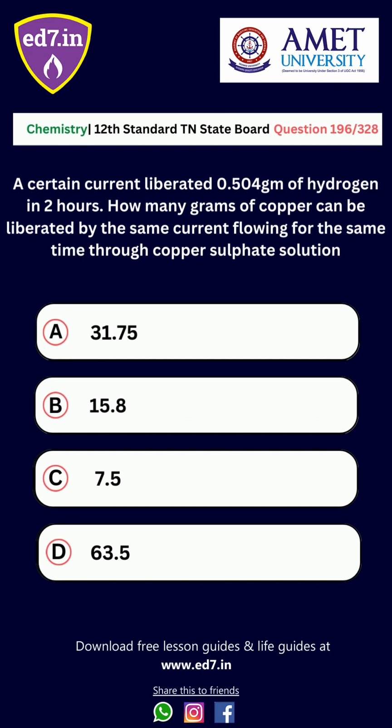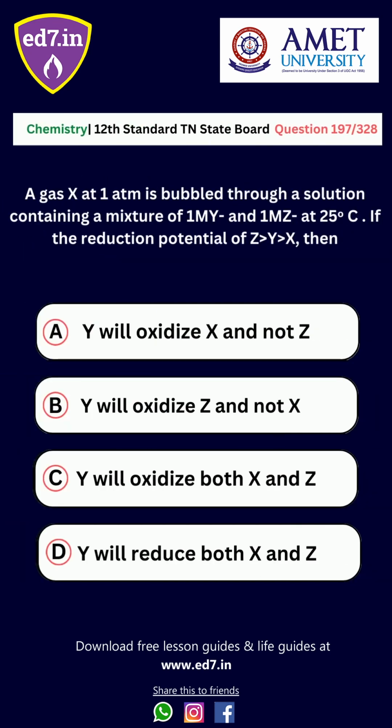Question number 196. A certain current liberated 0.504 gm of hydrogen in 2 hours. How many grams of copper can be liberated by the same current flowing for the same time through copper sulfate solution? Option A 31.75, option B 15.8, option C 7.5, option D 63.5. The correct option is option B 15.8. Question number 197.